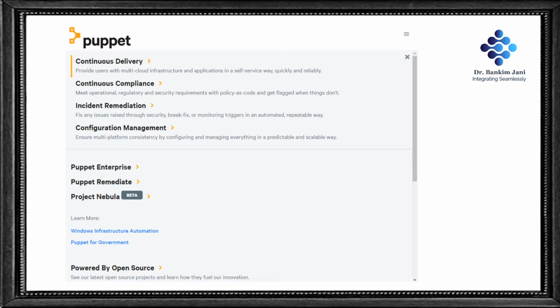And see, this is continuous delivery, continuous compliance, incident remediation. Remediation in case anything goes wrong, so it should be able to fix that break, and the configuration management. All right, coming back to our topic.